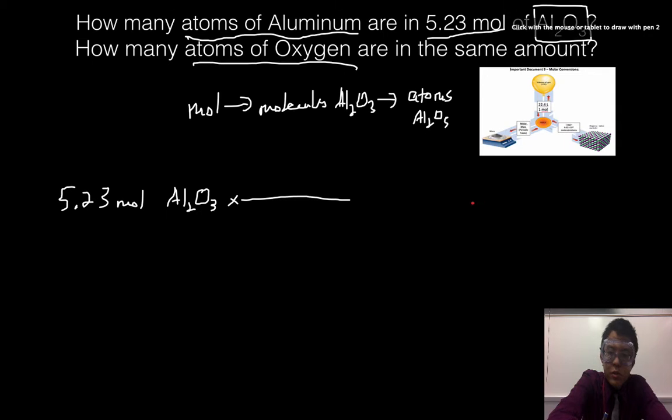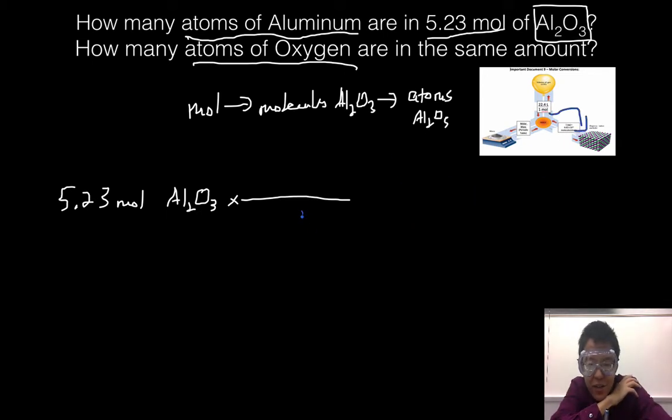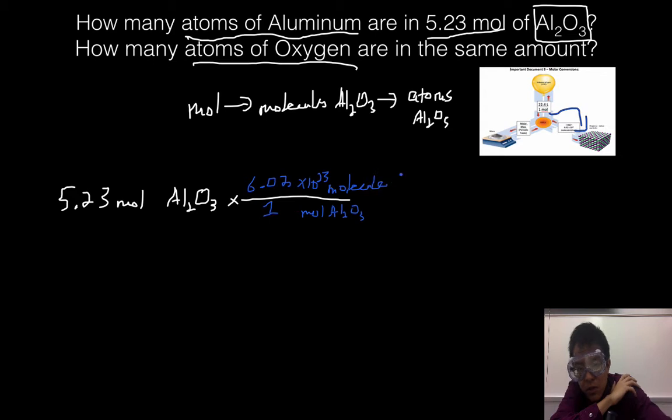And I know in a mole of Al2O3, or a mole of anything, actually, there are 6.02 times 10 to the 23rd of it. In this case, Al2O3 is a molecule, so I'm going to put molecules of Al2O3. Great, so that's going to give me the molecules of Al2O3.